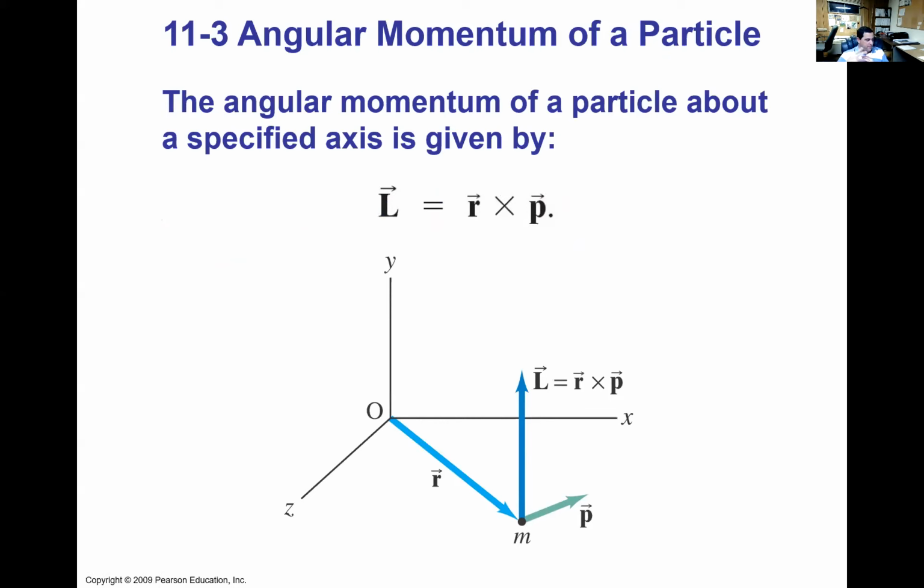Change of linear momentum P is related to the net sum of forces, and change of angular momentum L is related to the net sum of torques. So L is equal to R crossed with P, or RP sine theta.